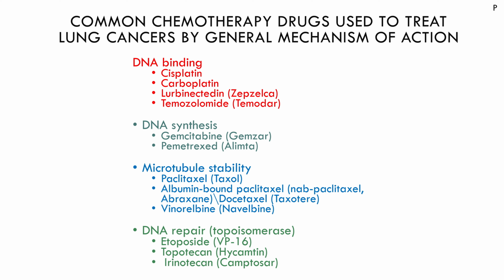While there's a whole range of drugs that are used, they tend to fall in several classes, generalized by a mechanism of action. Typically, that involves DNA binding, DNA synthesis disruption, microtubule stability, and DNA repair.